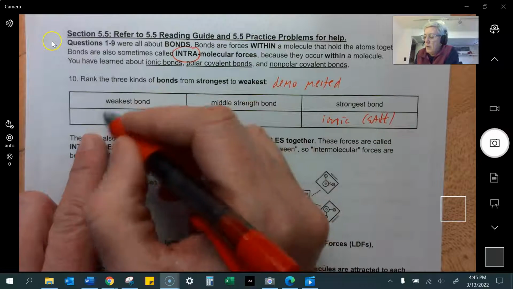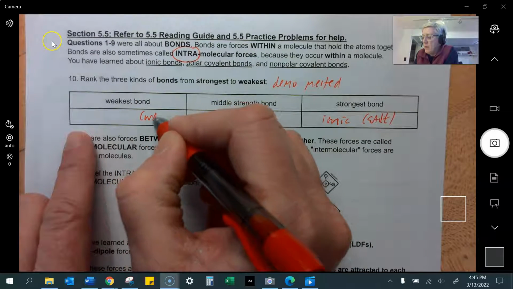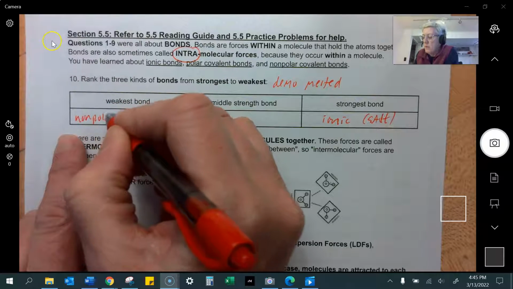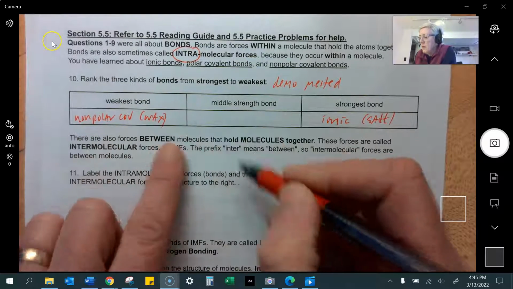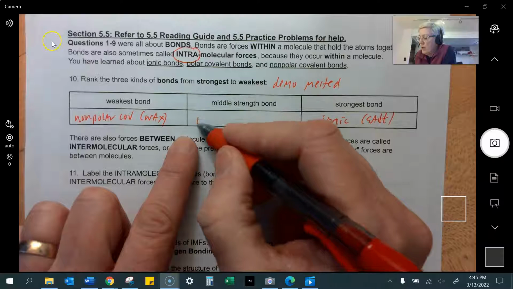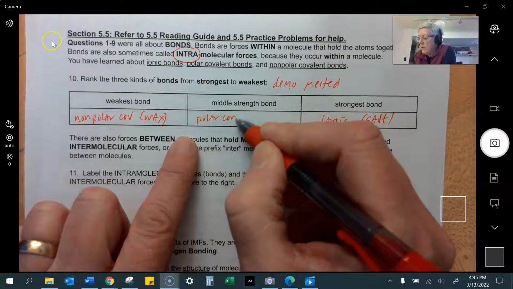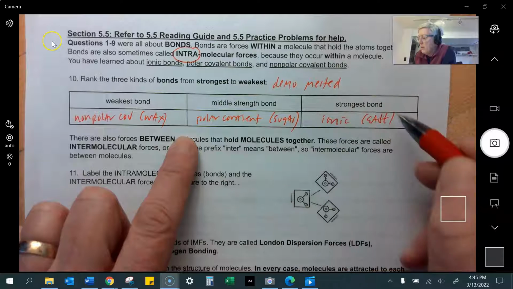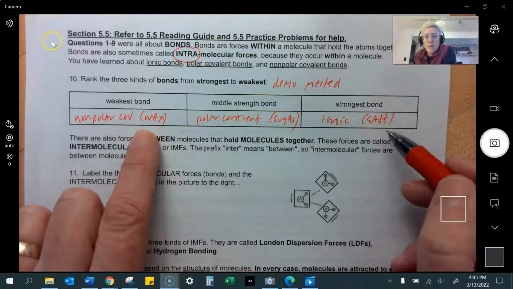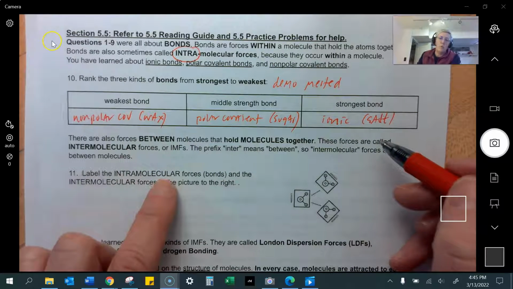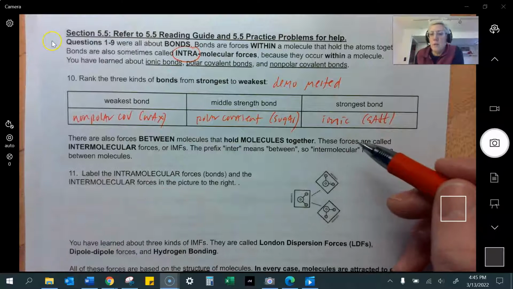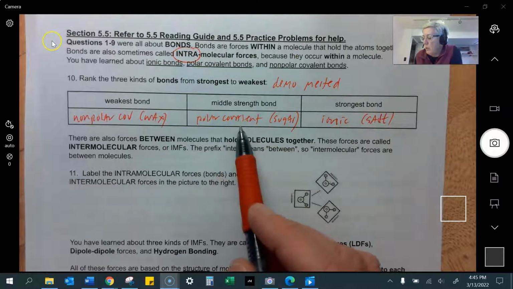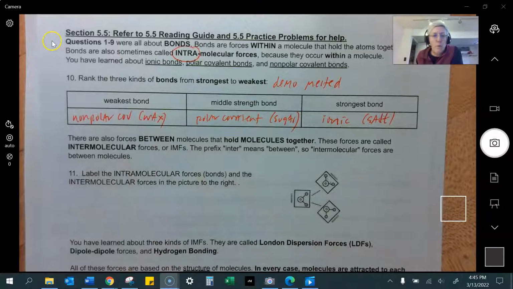The weakest one that I melted was the wax because that melted very quickly. So that's nonpolar covalent. The middle one was polar covalent. That was the sugar, which melted after the wax, but sooner than the salt. So the quicker it melts, the weaker the bond. So ionic's the strongest bond, polar covalent are the middle, nonpolar covalent are the weakest.